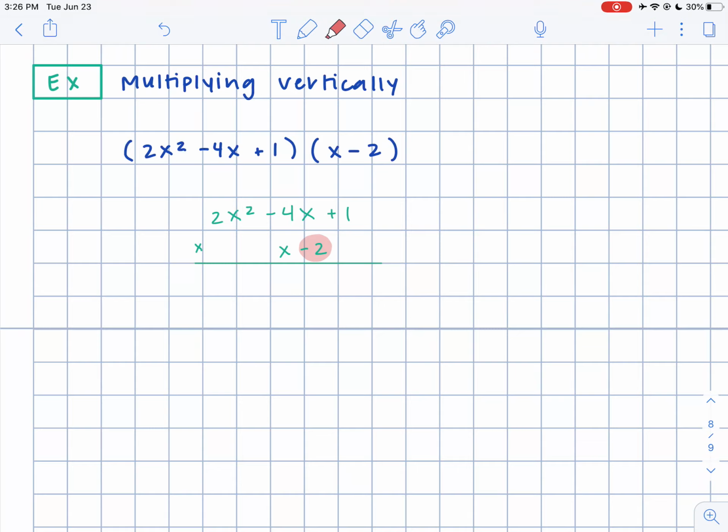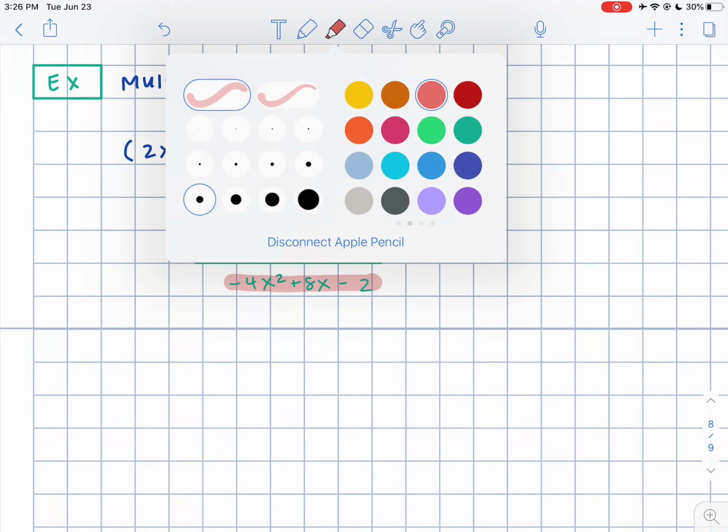So we're going to take this negative 2 and distribute it into all three terms by multiplying it this way. So what is negative 2 times 1? Well, that's negative 2. Negative 2 times negative 4x, that is positive 8x. And negative 2 times 2x squared, that is negative 4x squared. Okay, so our first line has to do with negative 2.